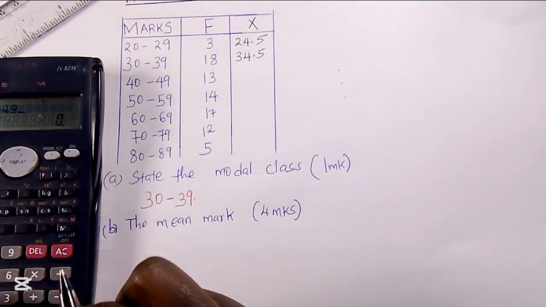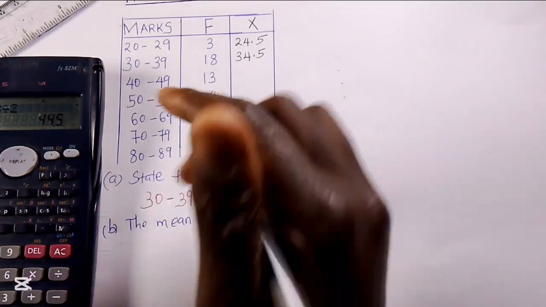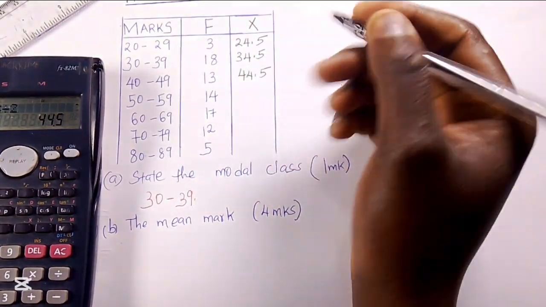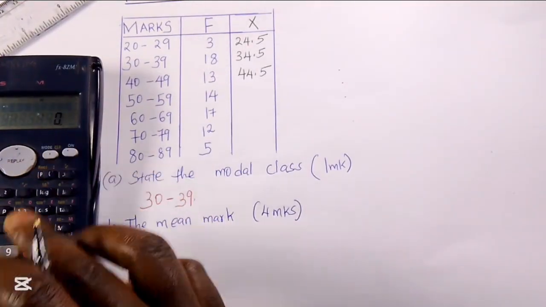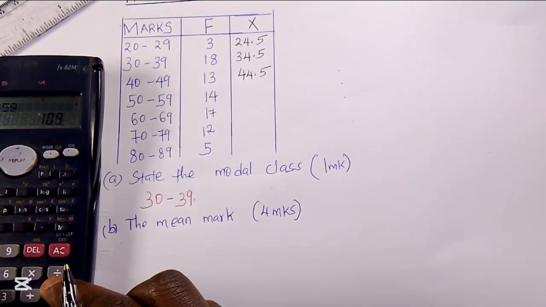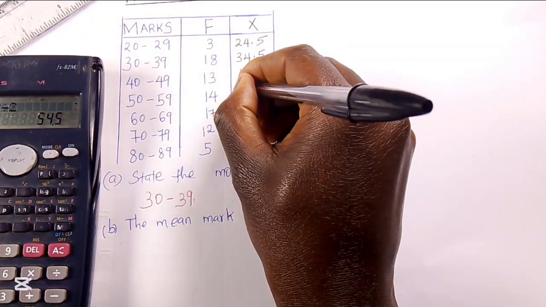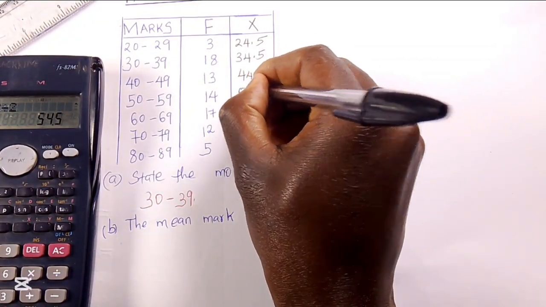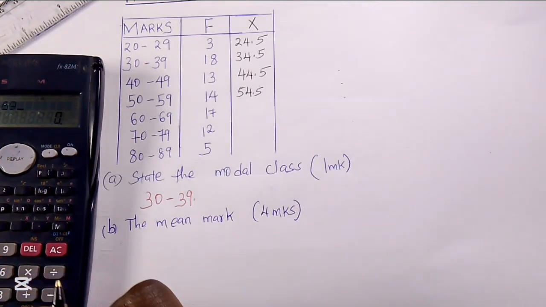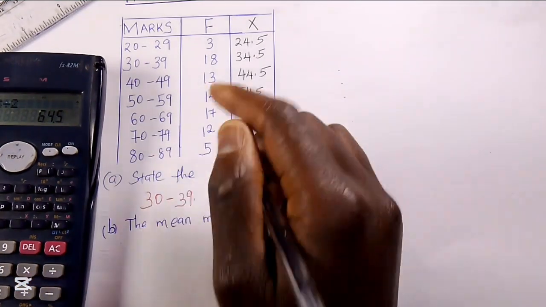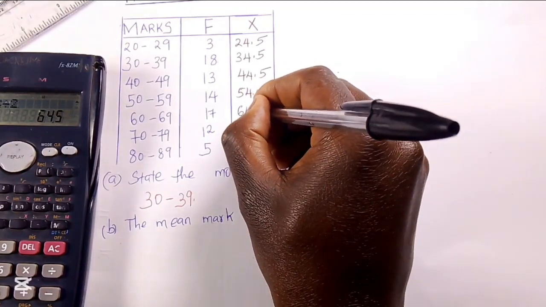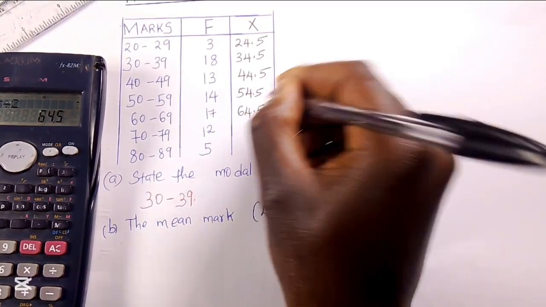40 plus 49, divide by 2, it will be 44.5. Then 50 plus 59, divide by 2, it will be equal to 54.5. 60 plus 69, divide by 2 will be equal to 64.5.